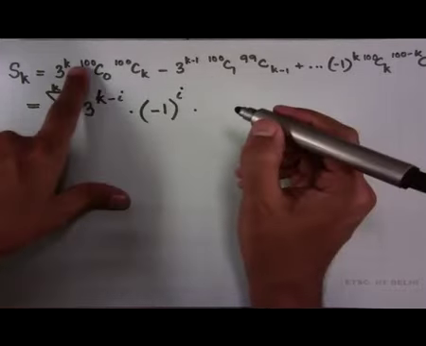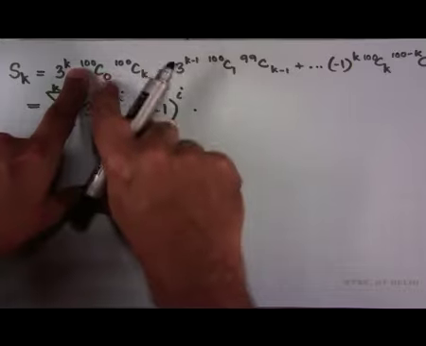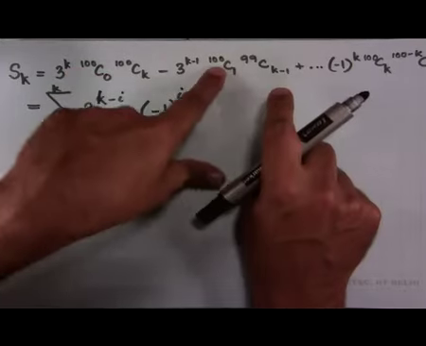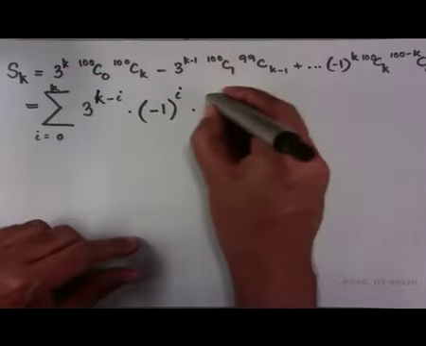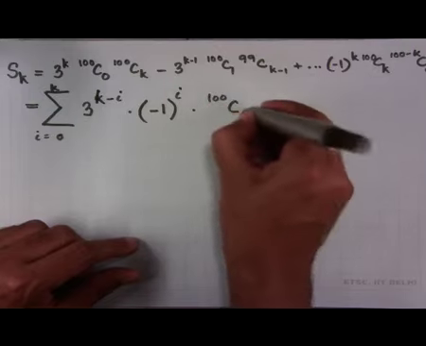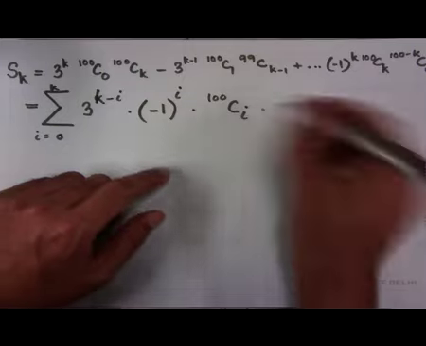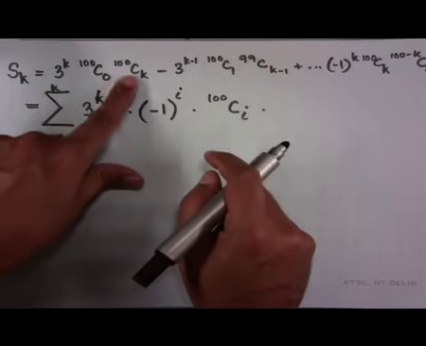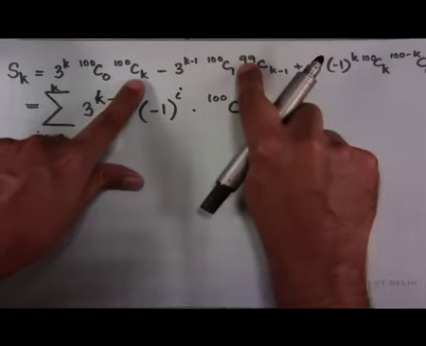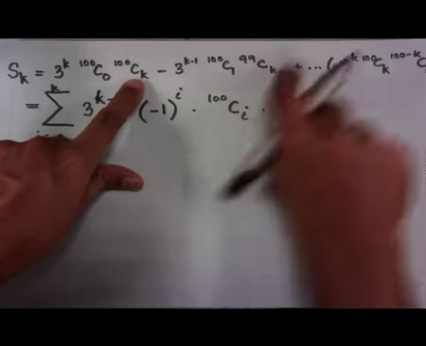times 100 C 0, 100 C 1. So, the ith term is 100 C i, right, times 100 C k, then 99 C k minus 1, 98.